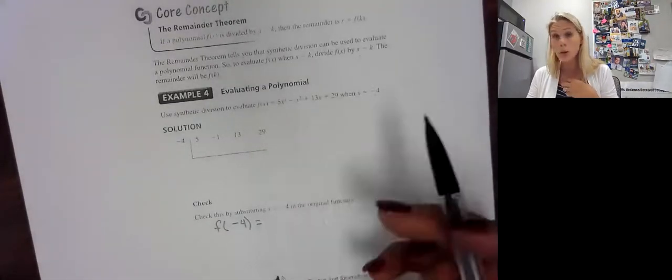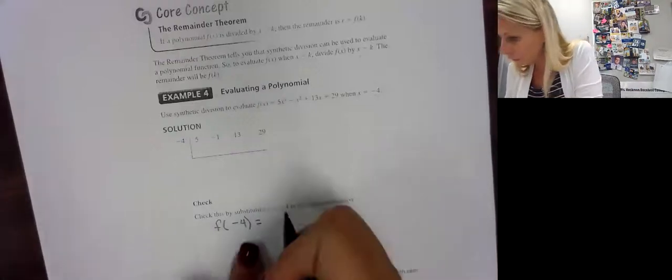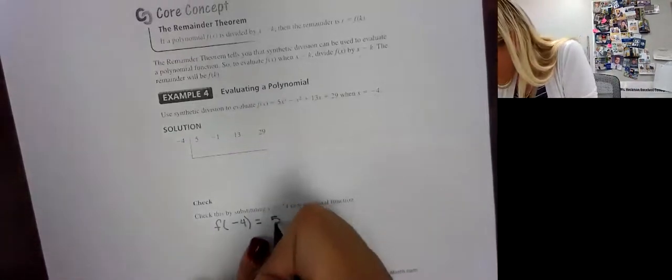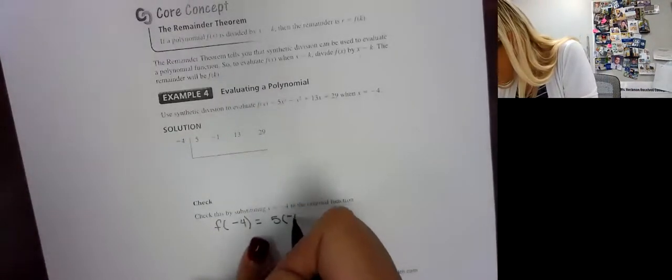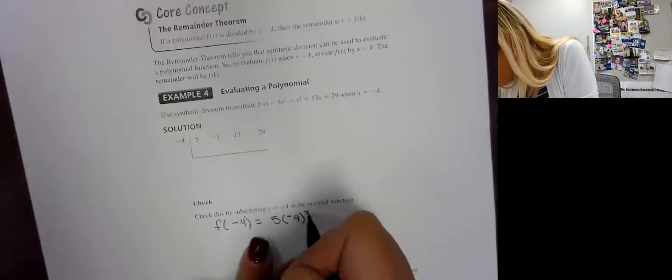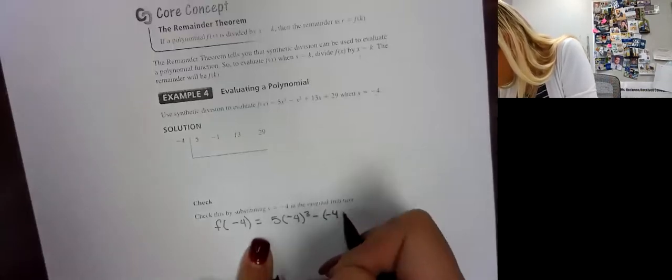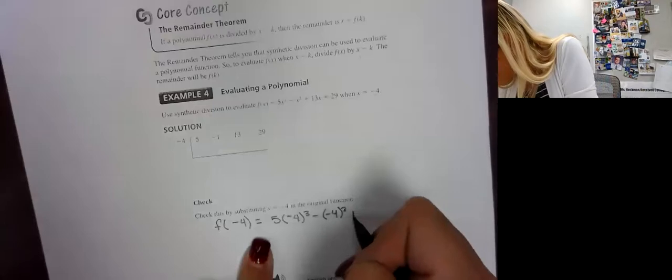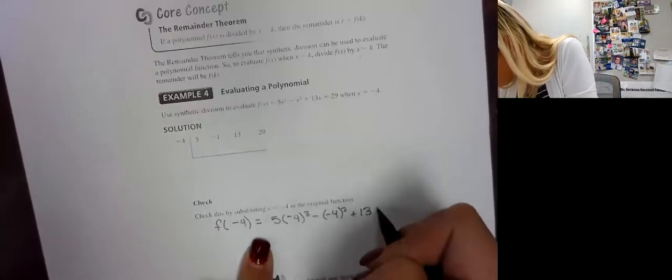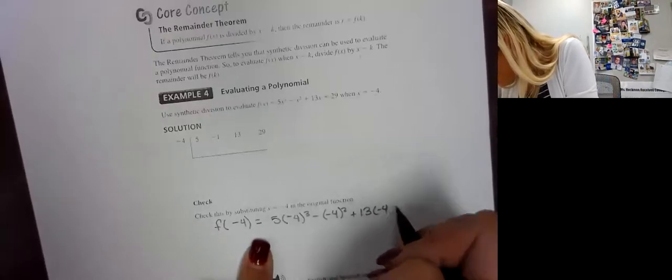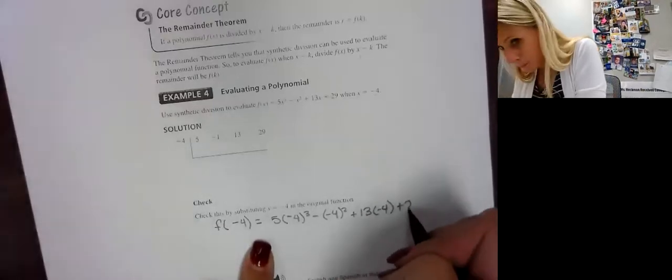So that's why I don't use the opposite, so be very careful. Okay, so I'm going to go 5 times negative 4 cubed minus negative 4 squared plus 13 times negative 4 plus 29.